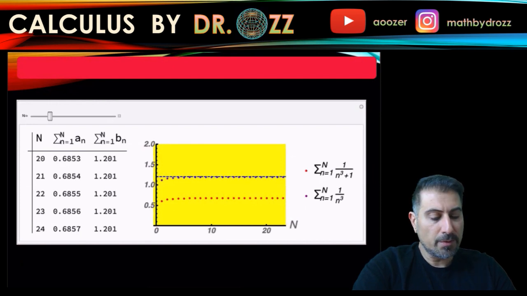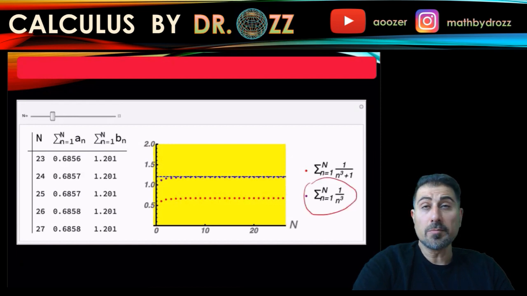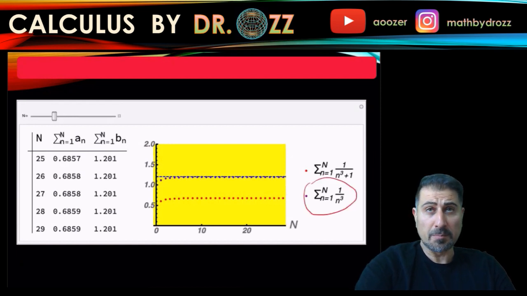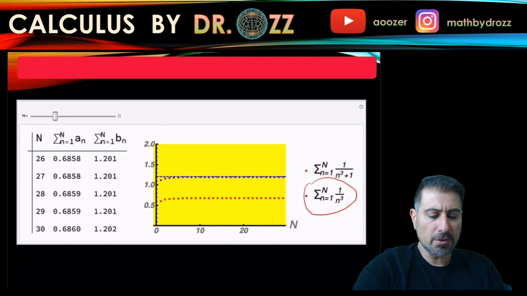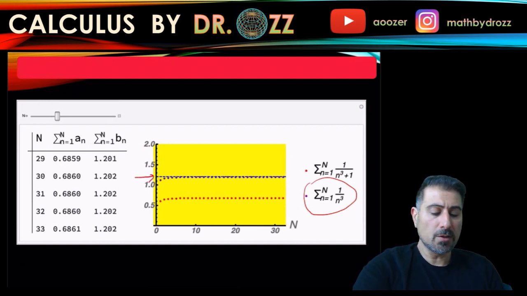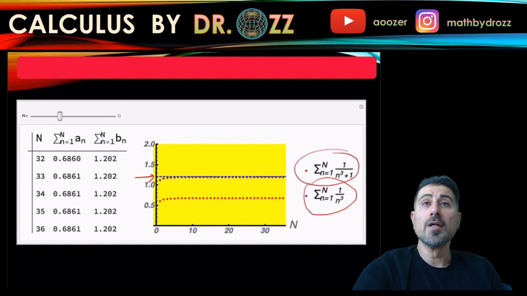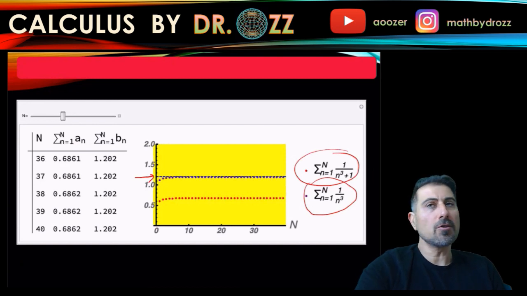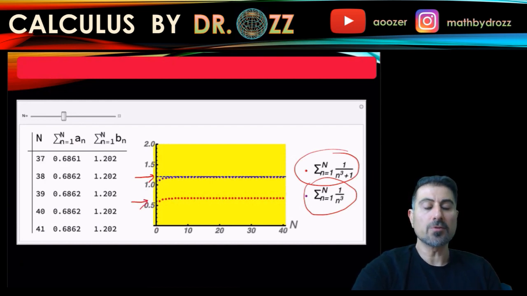The purple one is 1 over n cubed, which is a convergent series because it's a p-series, and it converges to this number here. The red dots represent the series given in the question. That is smaller than the series 1 over n cubed, and 1 over n cubed is convergent, so this has to converge.